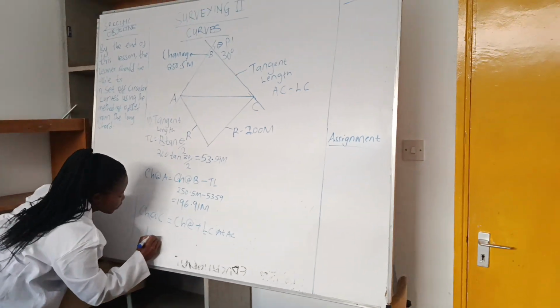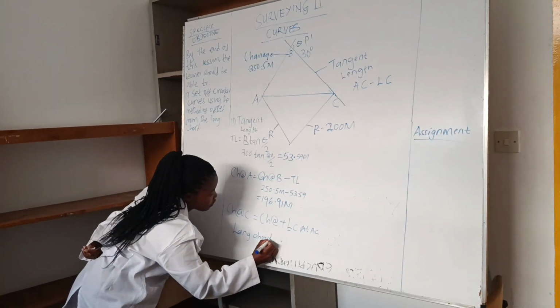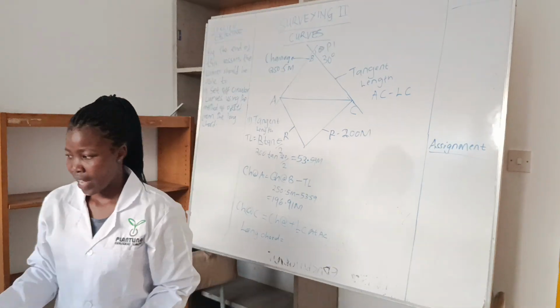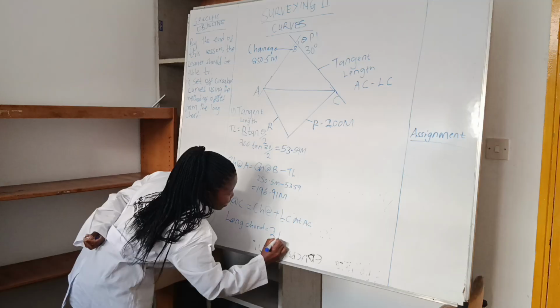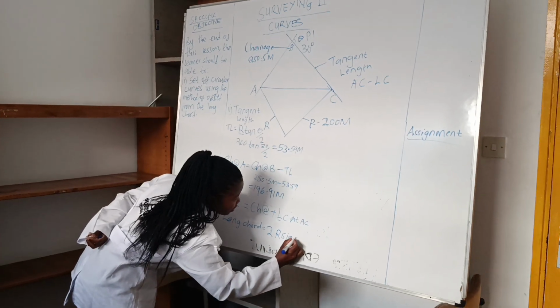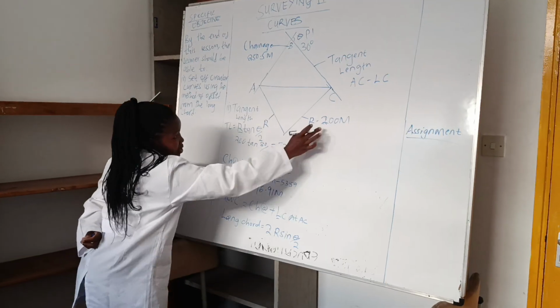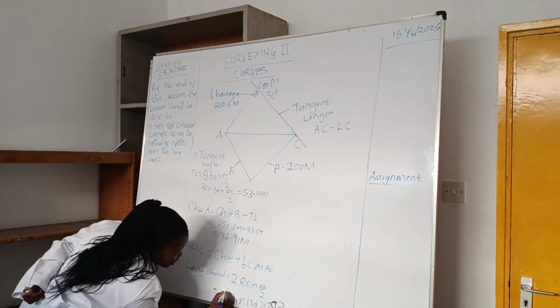The formula for calculating the long chord is 2R sin theta over 2. Your R is obviously 200 and theta is the deflection angle. What is the answer?